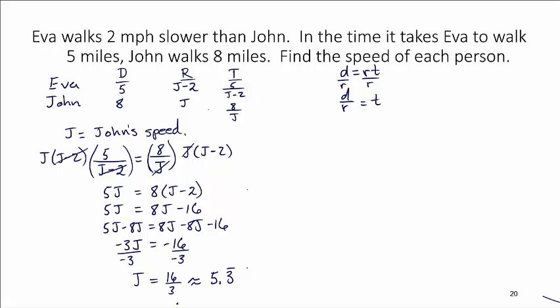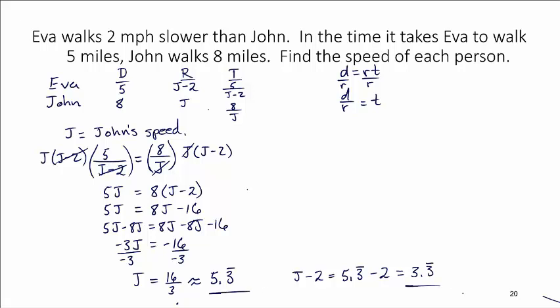And what do we know about Eva's speed, which is j minus 2? That gives us 5.3 repeating minus 2, which is 3.3 repeating. So we have the speeds of each person.